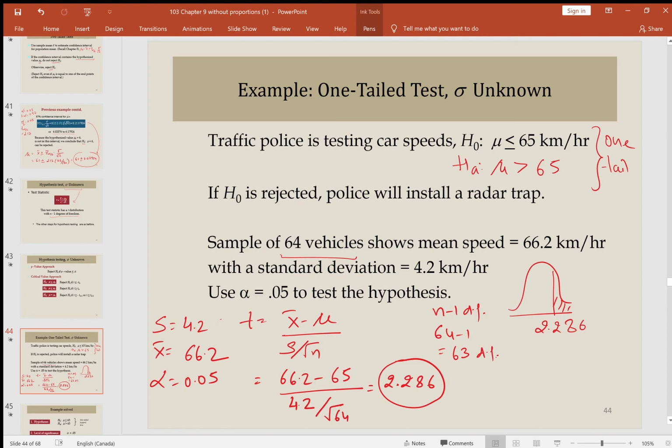So if we look at 63 degrees of freedom and 2.286, you will find that 2.286 is between t-scores of 1.998 and 2.387.